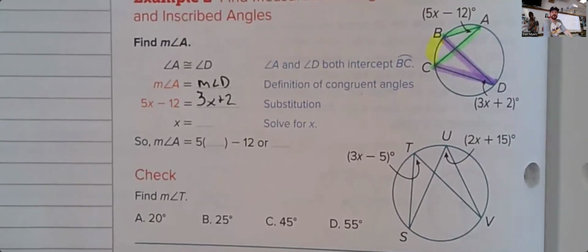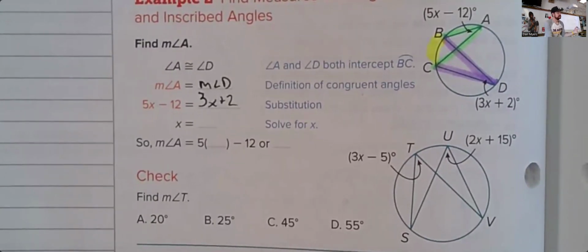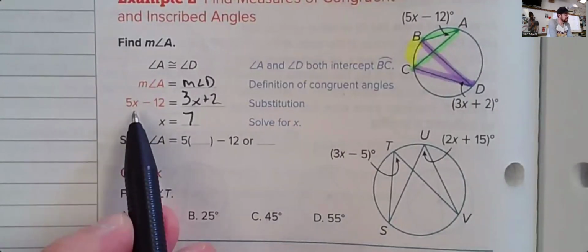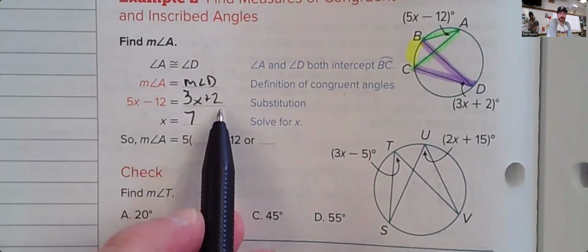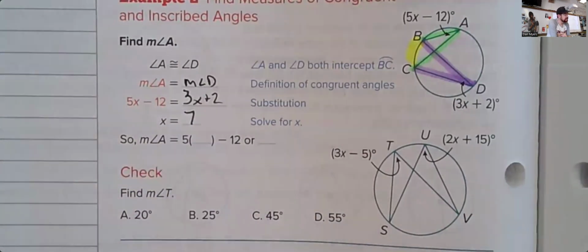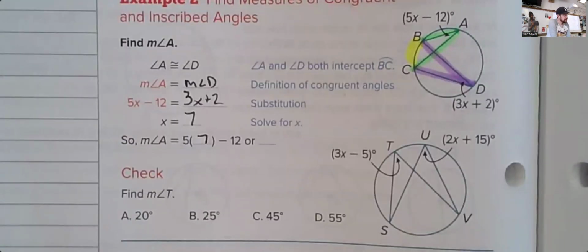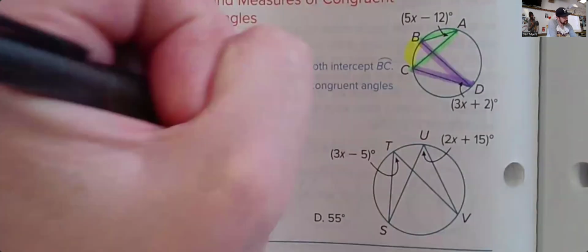What number is x equal to? 7, yeah. Subtract 3x from both sides, get 2x over here. Add 12 to both sides, get 14 over here. Divide by 2, 14 divided by 2 is 7. So the measure of angle A is equal to 5 times 7 minus 12, which would be 35 minus 12, so 23 degrees.